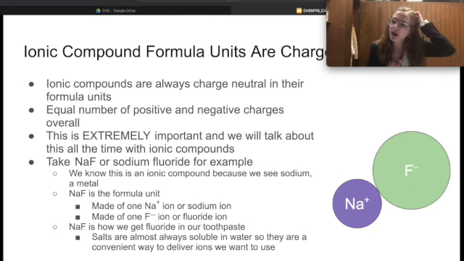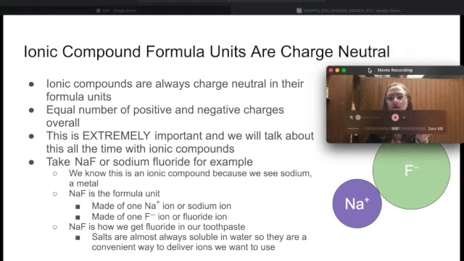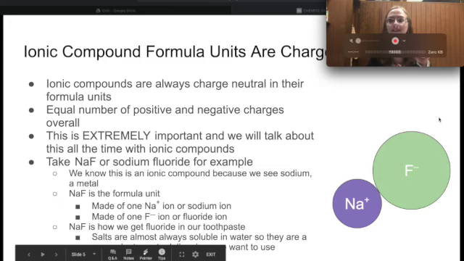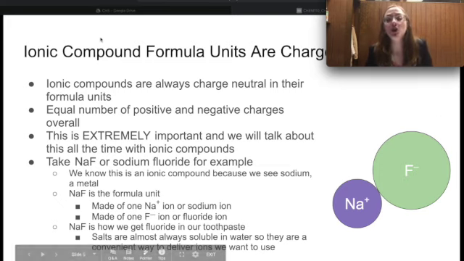So ionic compound formula units are charge neutral. It's written all over the page elsewhere as well. Okay, so ionic compound formula units are charge neutral.